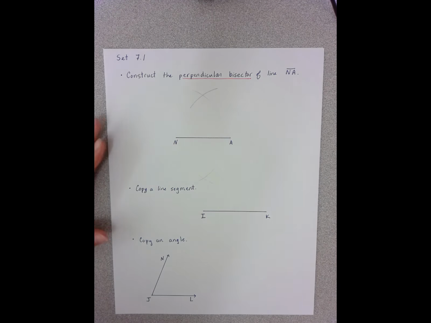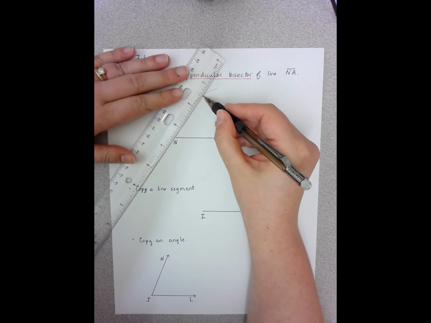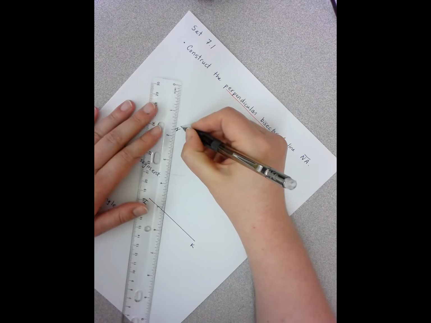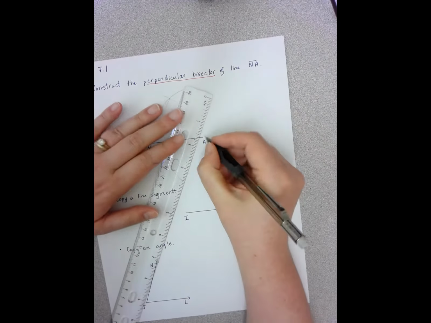Now you can see here, if I draw in very lightly my rhombus, I'm going to draw it in with a pencil because that's not actually the goal of this construction. It's not to create a rhombus, but it's really nice to see that that is what we have constructed here initially.